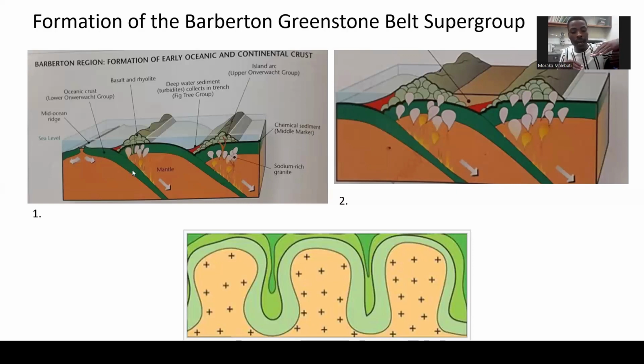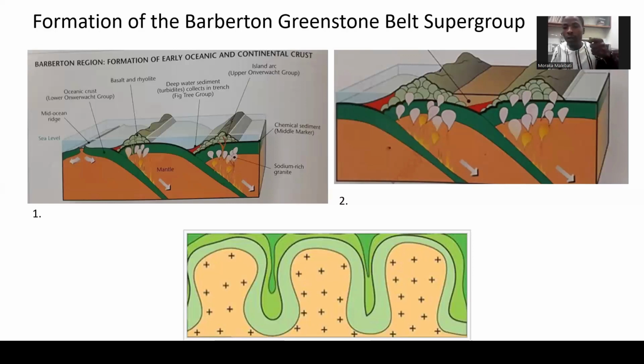Now, as these rocks were being subducted, we know that rocks are poor conductors of heat. It means as this is being subducted, temperature is no longer playing a major role. All right.